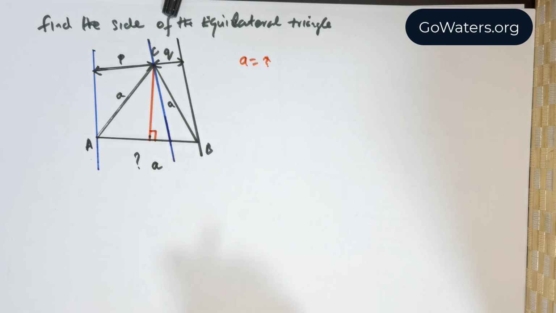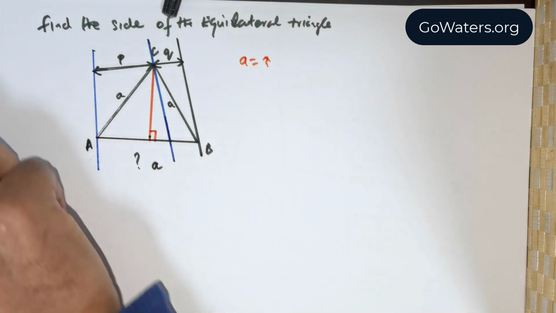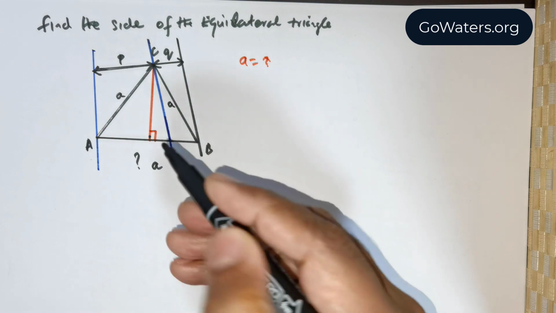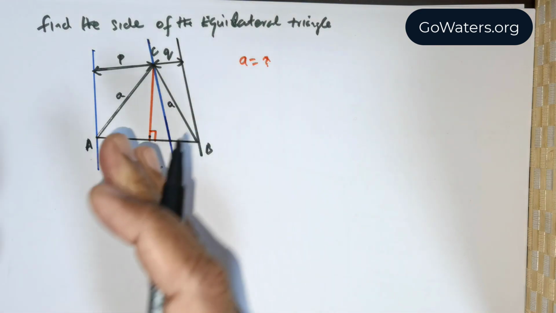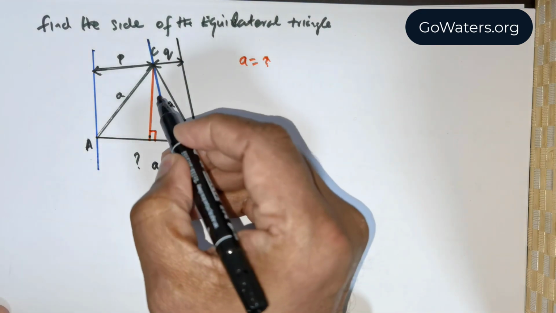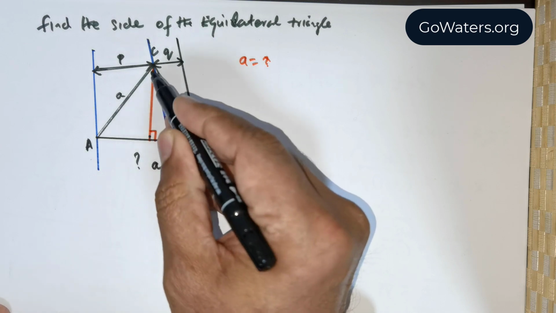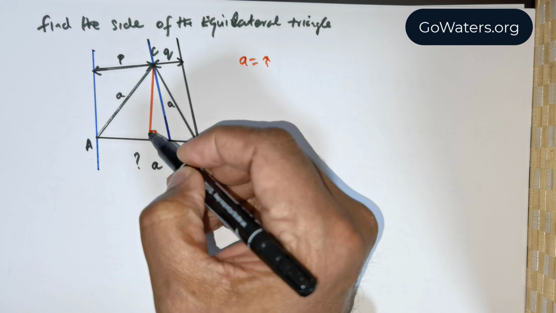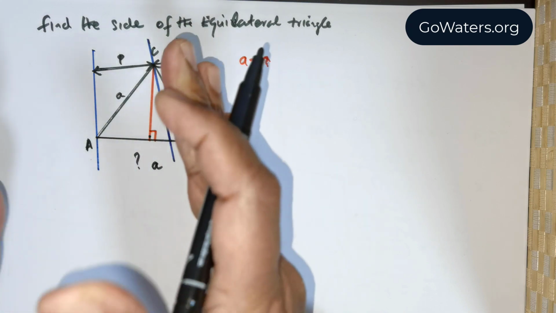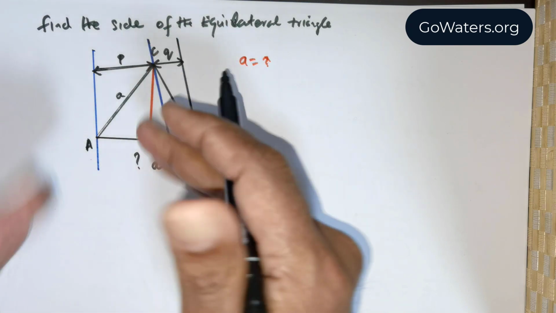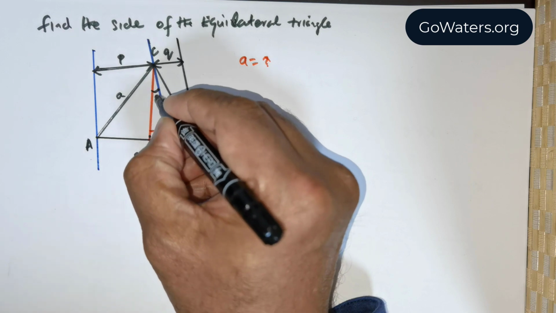Now there are a few things which we can decide from the figure. Now imagine the angle of shift from the bisector, right? So this is the height of the equilateral triangle. From the height there is a shift of alpha.